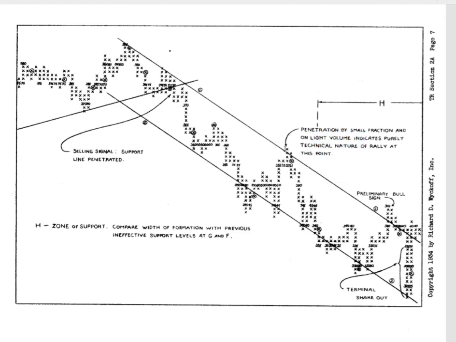So here you have a penetration of that line. It's a small penetration on light volume. So that's a technical rally, right? But here, this must be a preliminary signal, there must be more volume here, because when it broke that line, it must have had more volume.